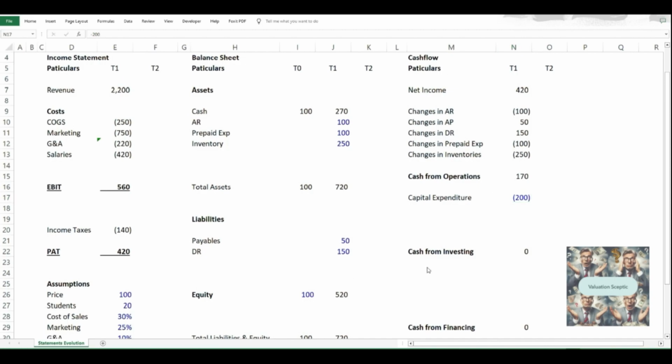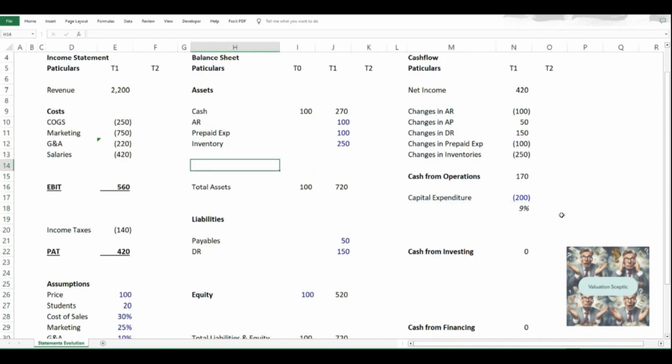As a next step, we can also benchmark capital expenditure against our revenue just to understand to what extent we are investing into long-term assets as part of our revenue. So on average, we are investing 9% of our revenue in capital expenditure.